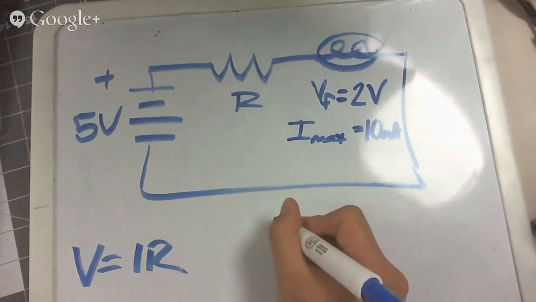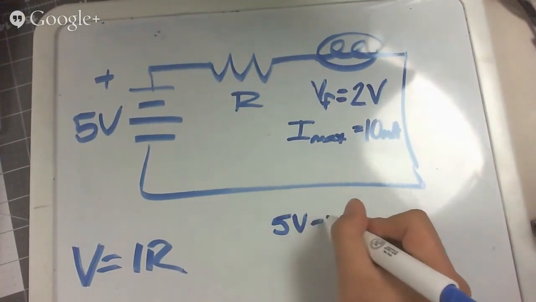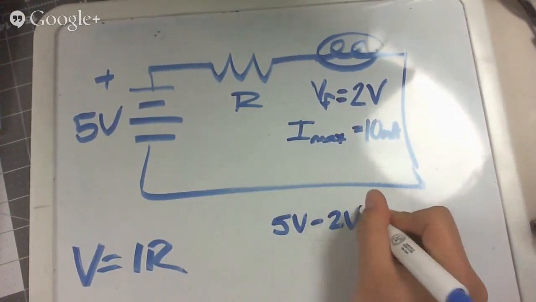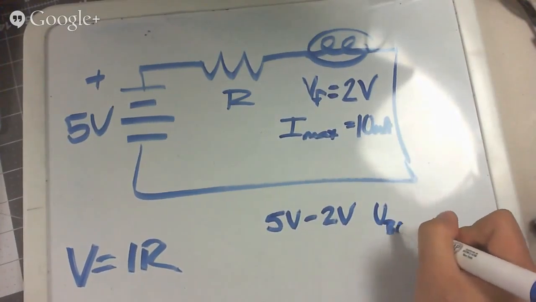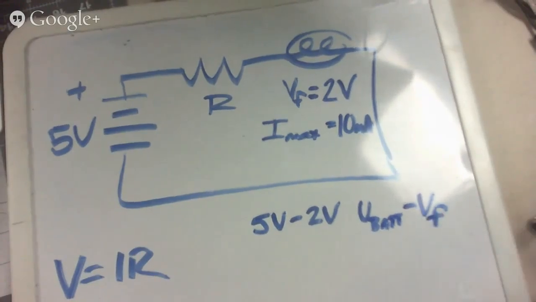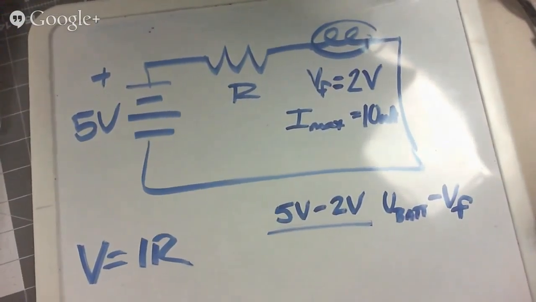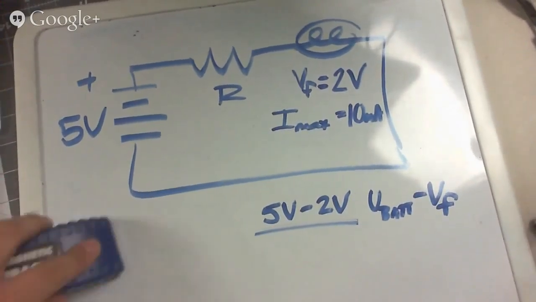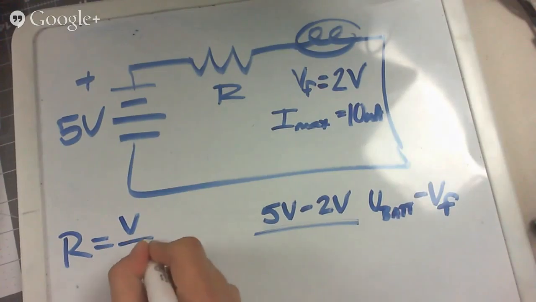Well, if you didn't know, you could just do 5 volts minus the forward voltage, which you probably see sometimes written as V battery minus V sub F. I'm looking for R, so I need to rewrite this equation not as V equals IR, but R equals V over I.